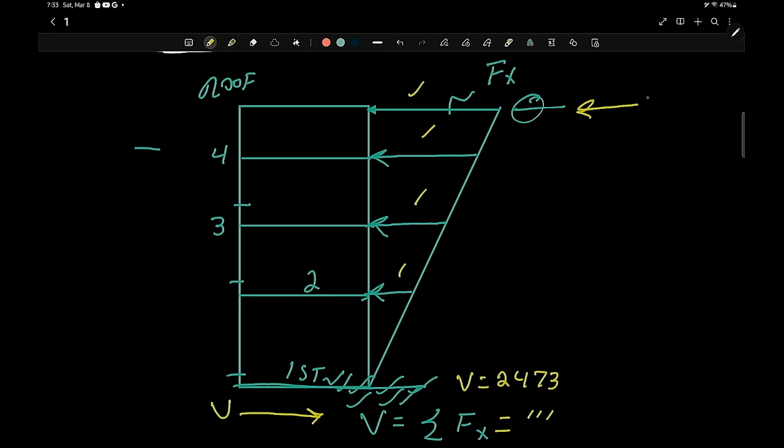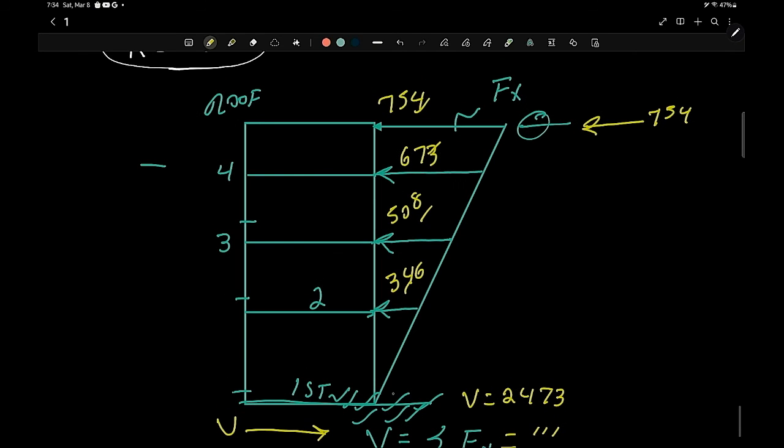This was 754. This one, I'm going to write right here, 754 and 673, and this one was 508, and the bottom was 346, and down here it came out to be 192, and if we add all that up, it should come out to this.